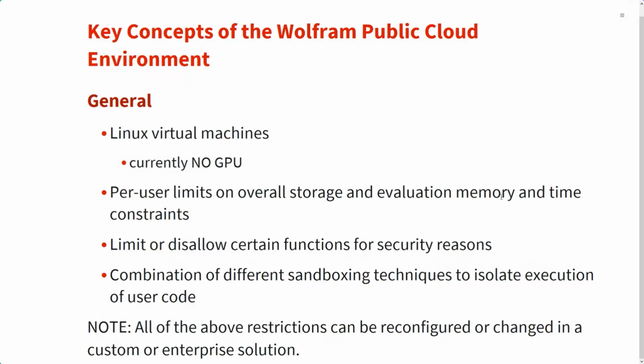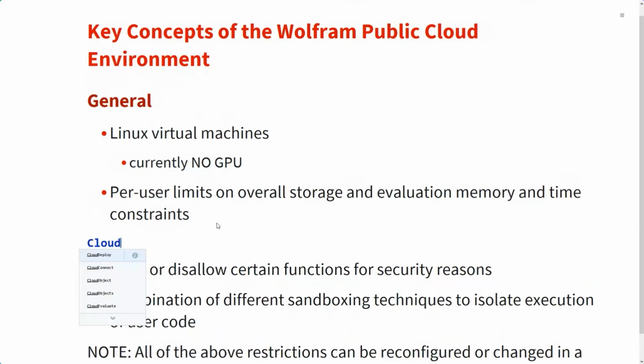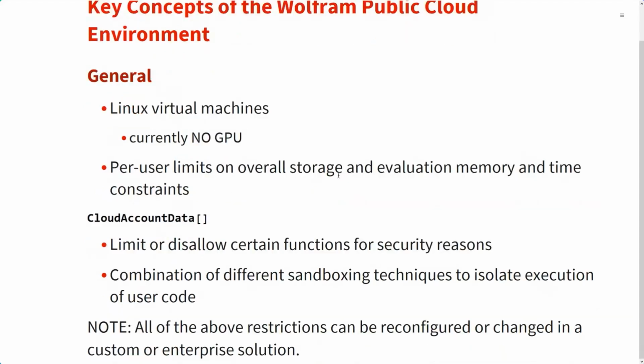If it hits one of those limits, your evaluation will return failed, or will kill the kernel on you. And you can see those things via cloud account data. But just a reminder, it's shared resources, and those are per user limits.